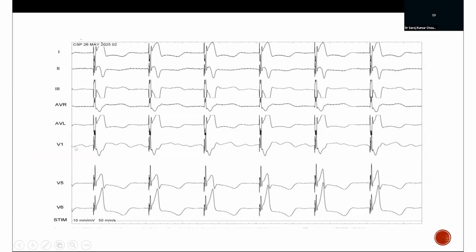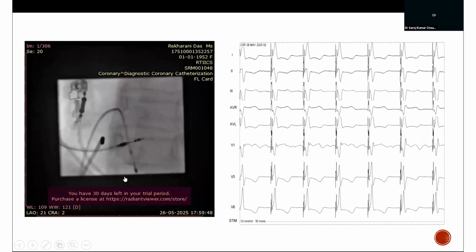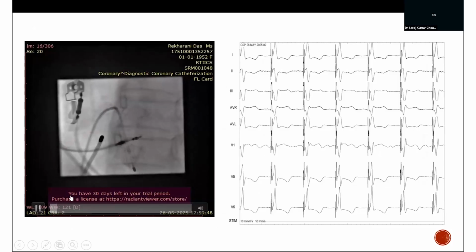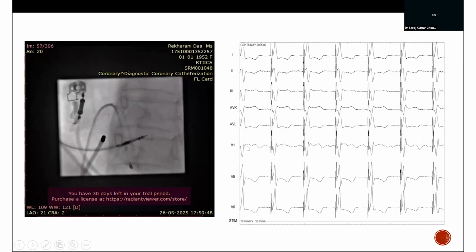This is the ECG. The W pattern is now disappearing, and the notch is ascending gradually in the lead. Then further rotation. With further rotation, the QRS gradually narrows, and a terminal R wave is appearing in V1.